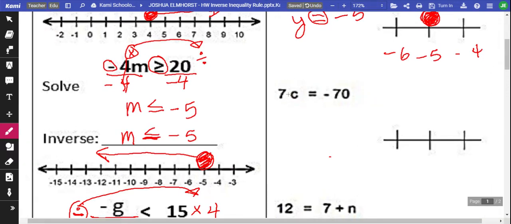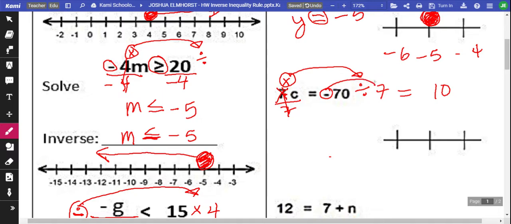Okay, and so here, there's no operation here. 6 times C. So this is multiplication. So we go on the other side and then we divide. We're going to divide both sides by 7. Okay, so 70 divided by 7 is going to be 10.